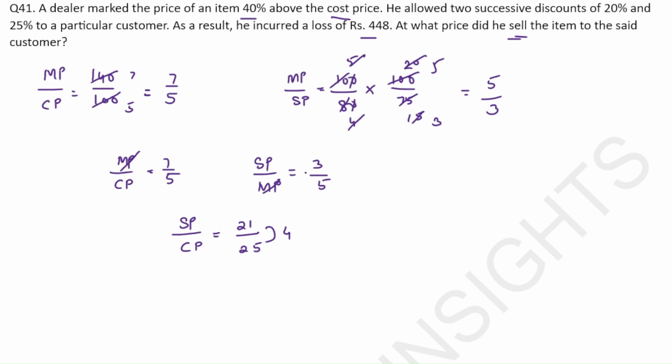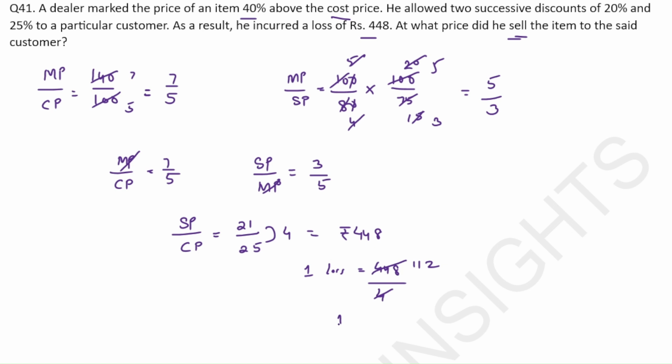So in the given question, he incurred a loss of 448. So that means these 4 parts are equal to how much rupees? 448. So one part of loss will be how much? One part of loss will be 448 divided by 4, right? So if you cancel, you will get how much? 112.